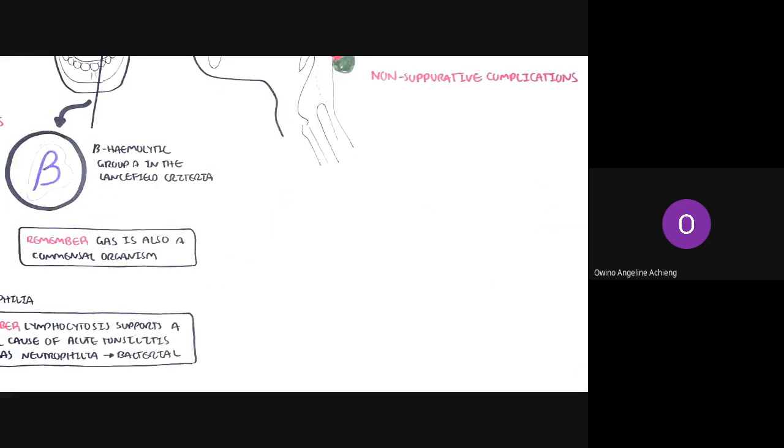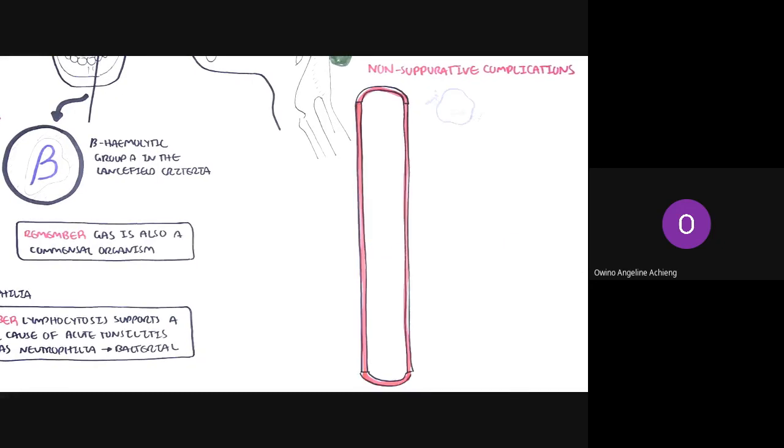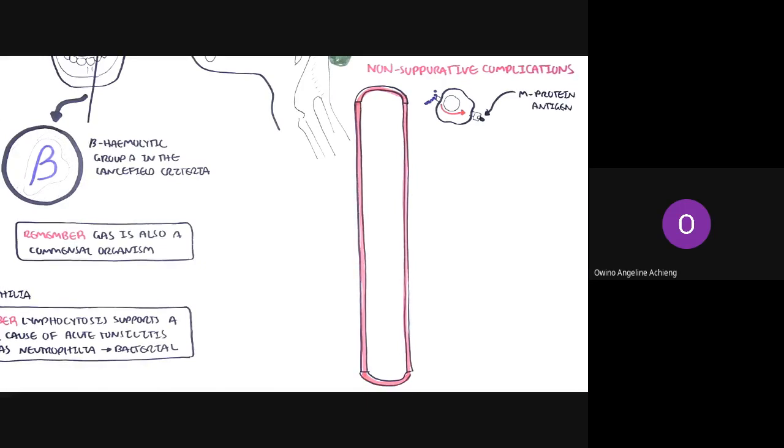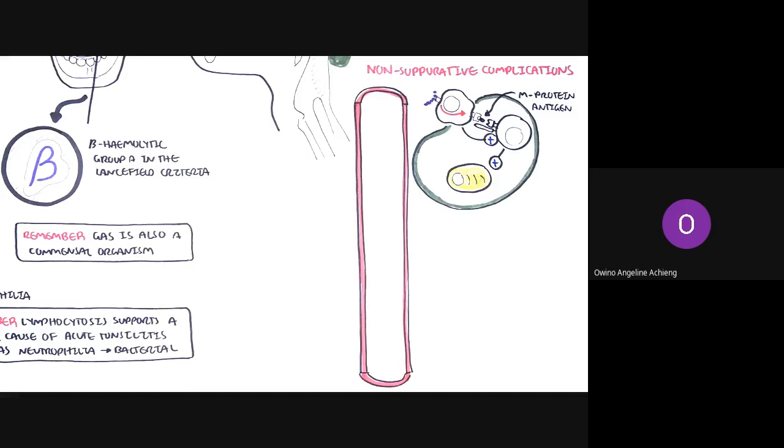For example, an immune cell called the antigen-presenting cell can engulf the bacteria group A streptococcus and present the M protein of the bacteria to the adaptive immune system, made up of the T cells and B cells. It will present the M protein antigens to these cells in the lymph nodes, for example, so that they can mount an immune response towards the M protein.